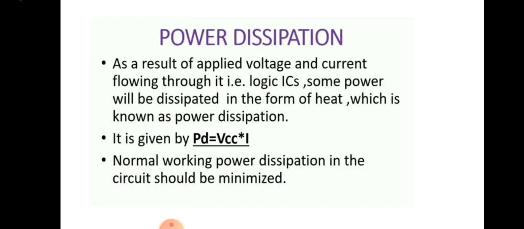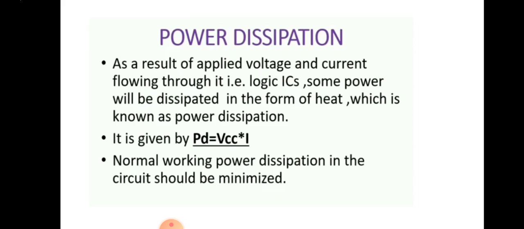Now the next feature is power dissipation. As a result of applied voltage and current flowing through logic ICs, some power will be dissipated in the form of heat, which is known as power dissipation.